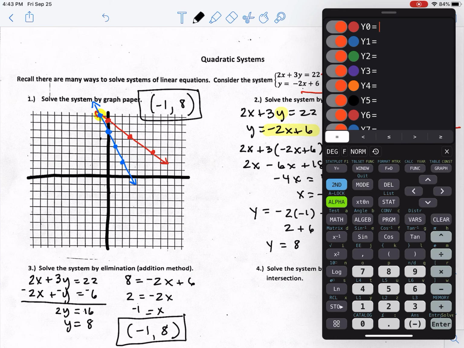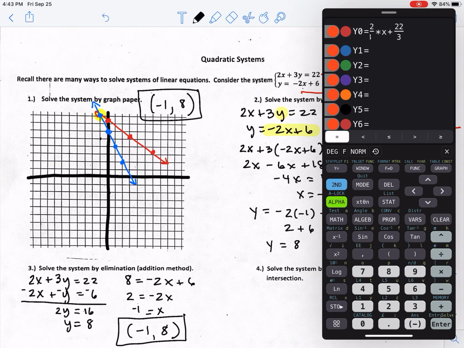I'm going to go parenthesis negative 2 divided by 3 end parenthesis x plus parenthesis 22 divided by 3 end parenthesis. And then I'm going to enter the other equation, negative 2x plus 6. And I'm going to graph both of them.